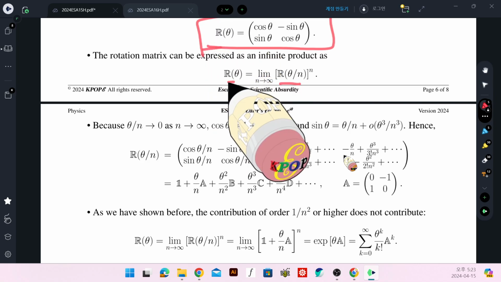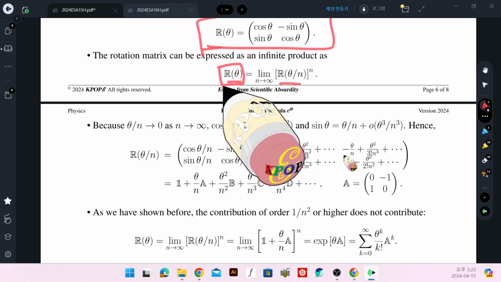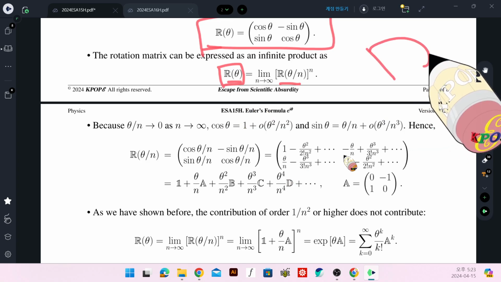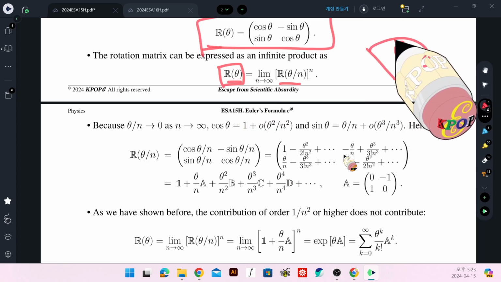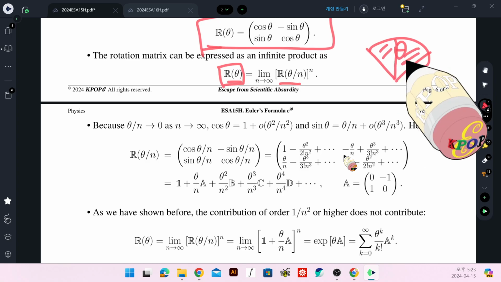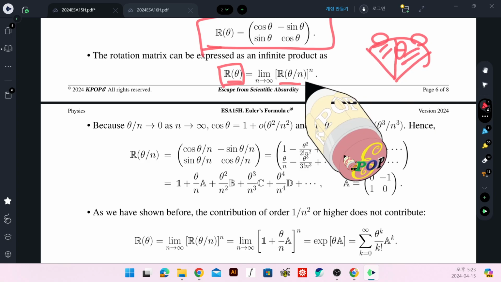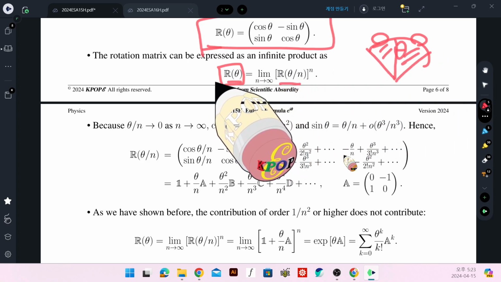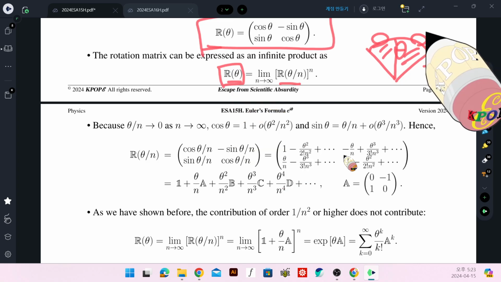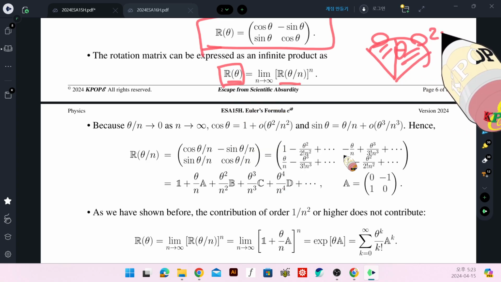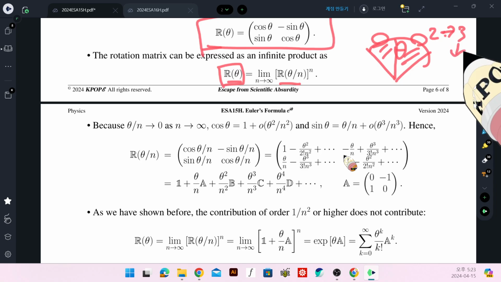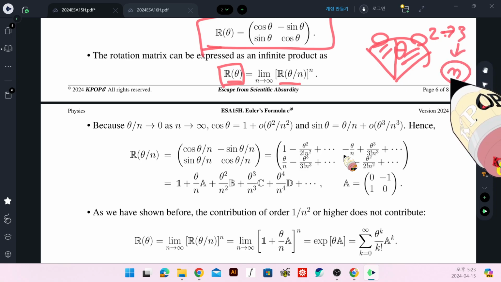Then we arrive at the same rotation matrix. That means that we divide theta into two pieces and repeat this small amount 2 times. Then we have the same rotation. And this can be increased to 3 and 4 and an arbitrary integer n.